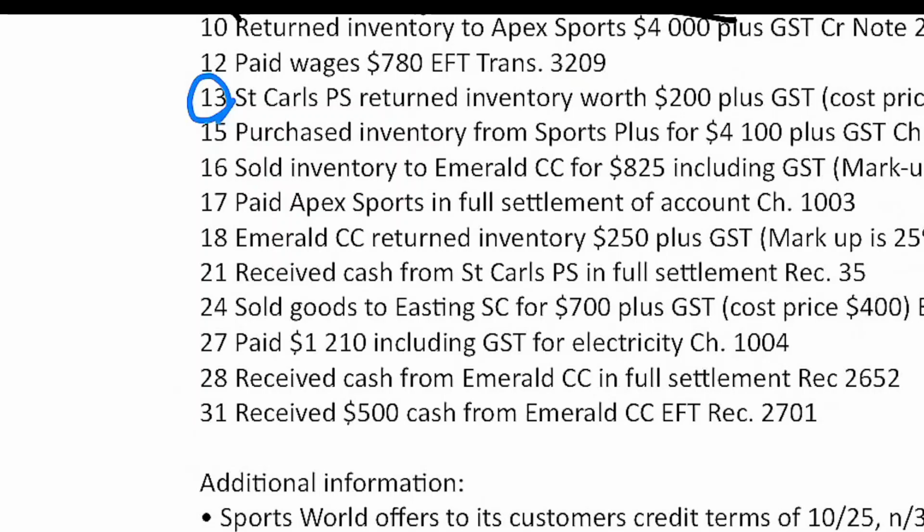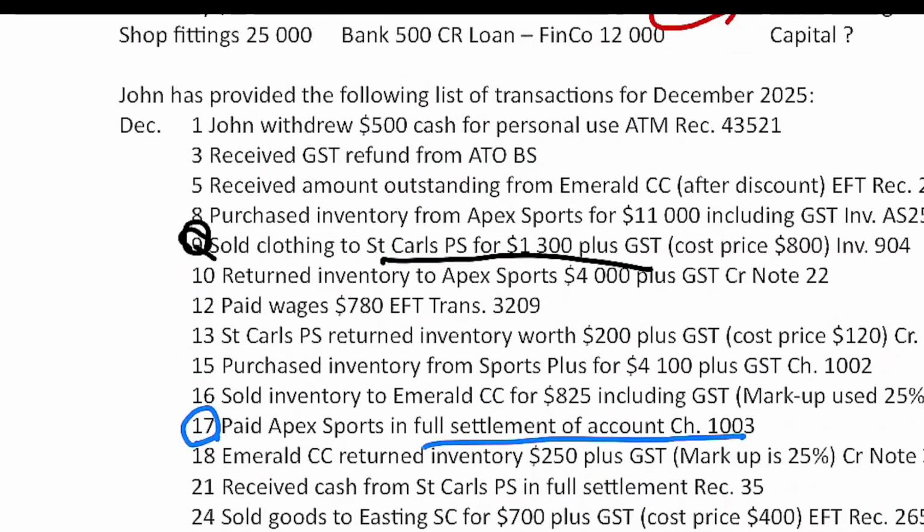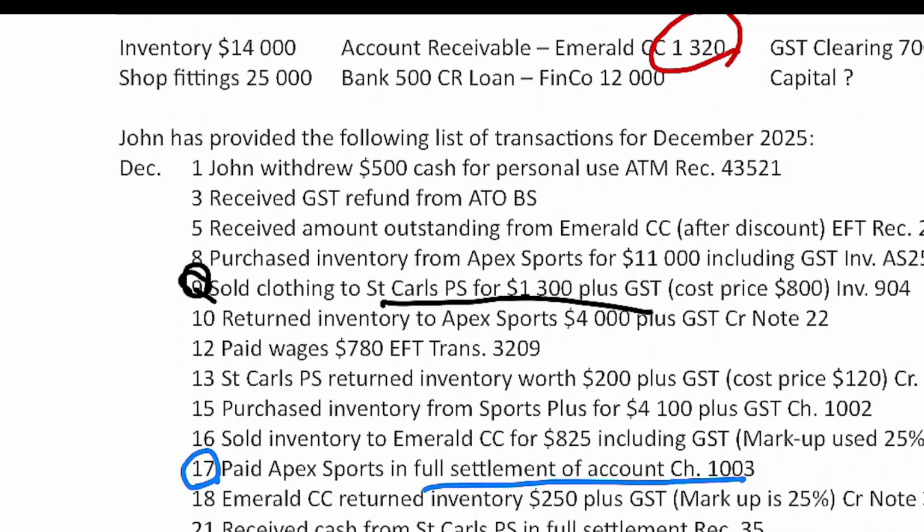Paid Apex Sports in full settlement of account. Cheque 1003. Now, the question, how much do we owe Apex?